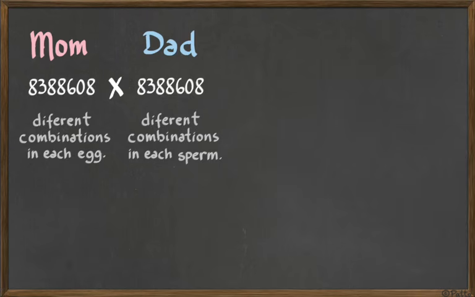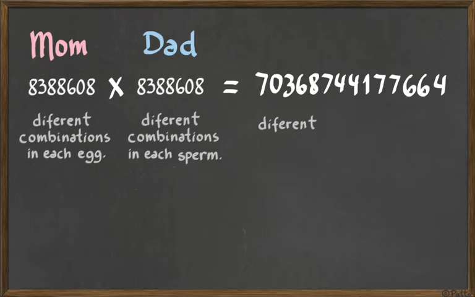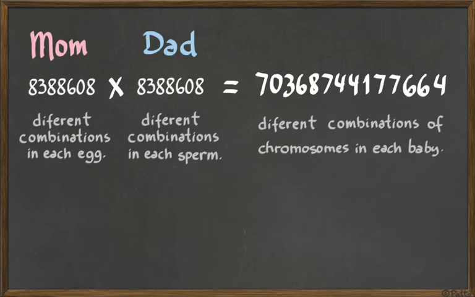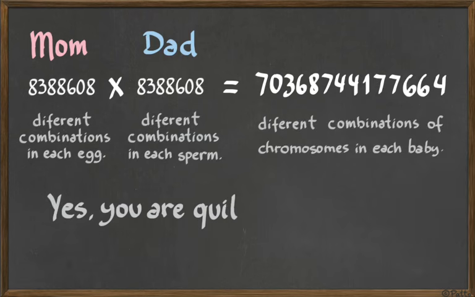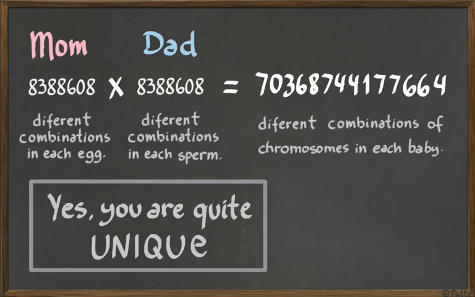Basically it's 8 million times 8 million, which equals about 70 trillion. It's a big number. I don't even know how to count that. So yes, you're quite unique. Your parents could have made that many babies and never made 2 that would be exactly the same, just by combining chromosomes.